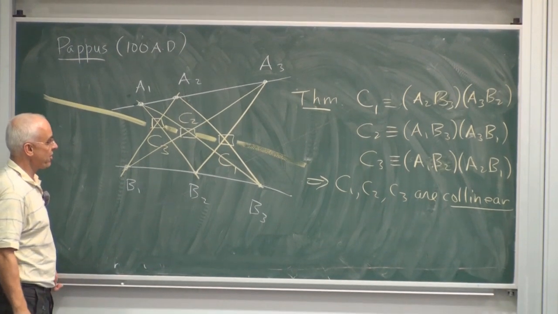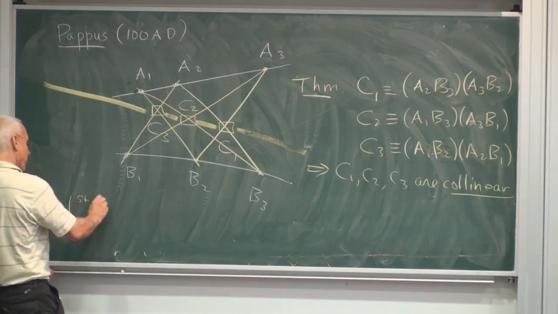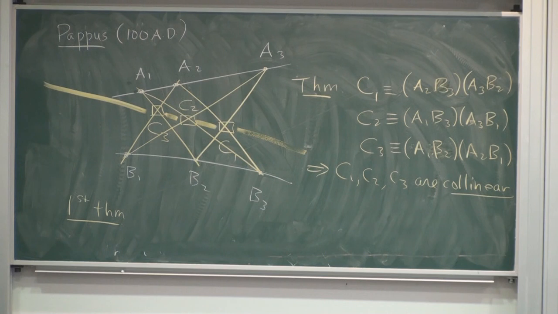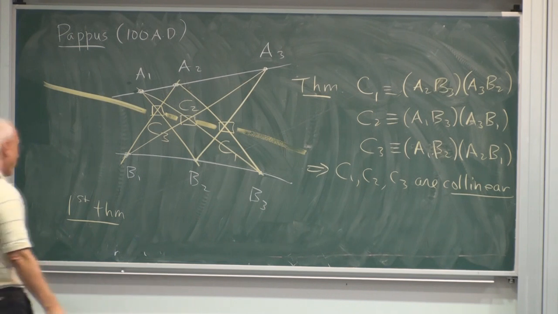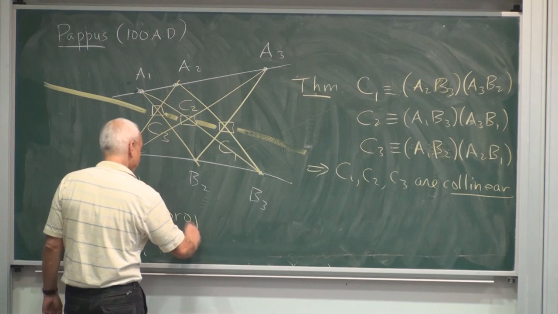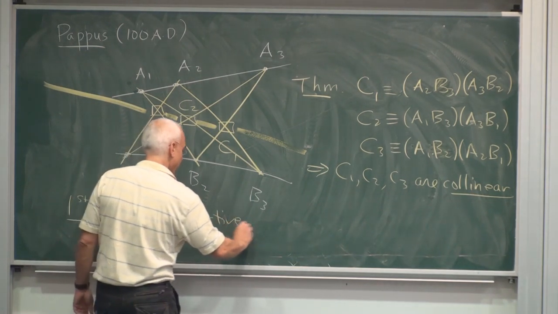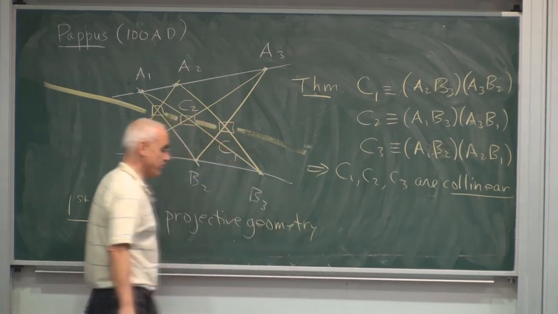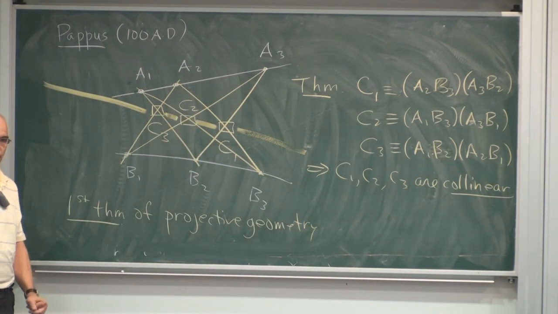This is Pappus's theorem. And this is the first theorem in a subject which eventually, in the late European era, 17th, 18th, 19th century, became a very important subject. It's the first theorem of projective geometry. Projective geometry is like a child's geometry.